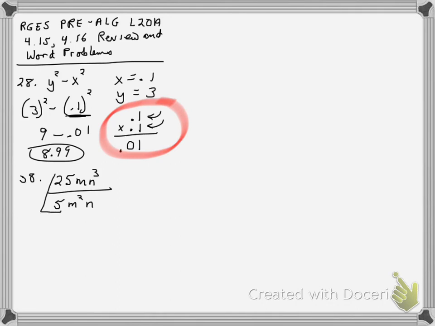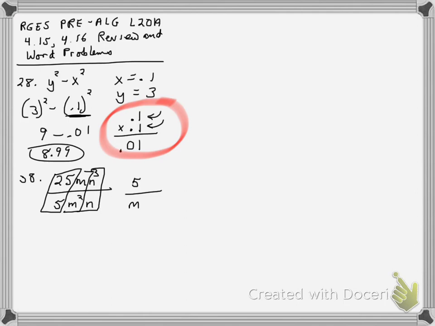First, I'm going to deal with the number part. 25 divided by 5 is 5, and I would write that in the numerator because my larger number is in the numerator, the 25. Then I'll look at my m's. I have 1 m in the numerator and 2 m's in the denominator. If I cancel, I would get 1 m in the denominator, and then I would look at my n's, and that is n cubed. So I have 3 n's in the numerator, 1 in the denominator.